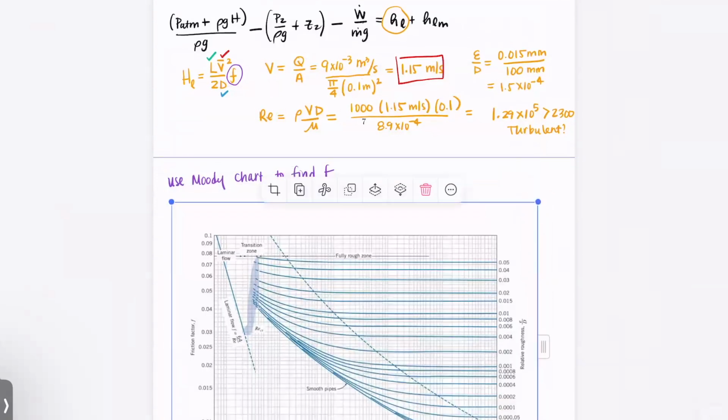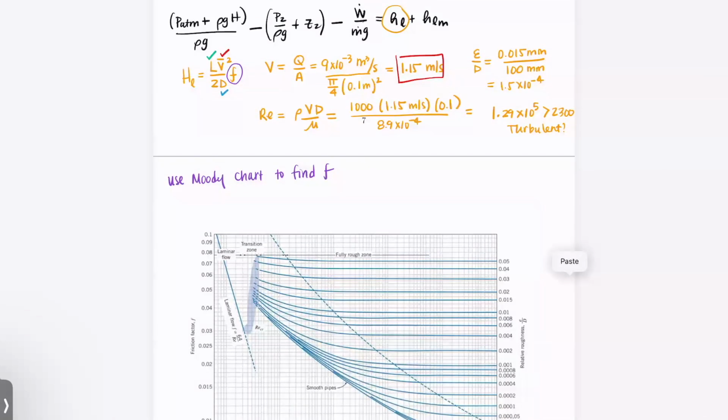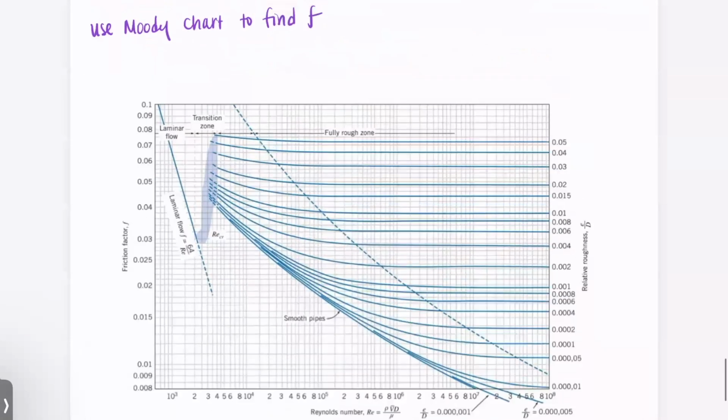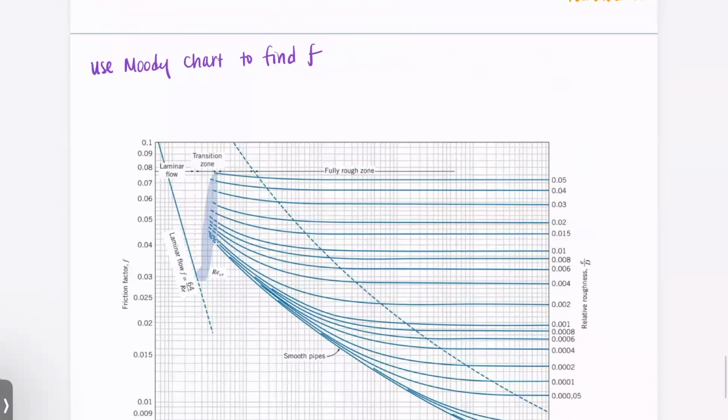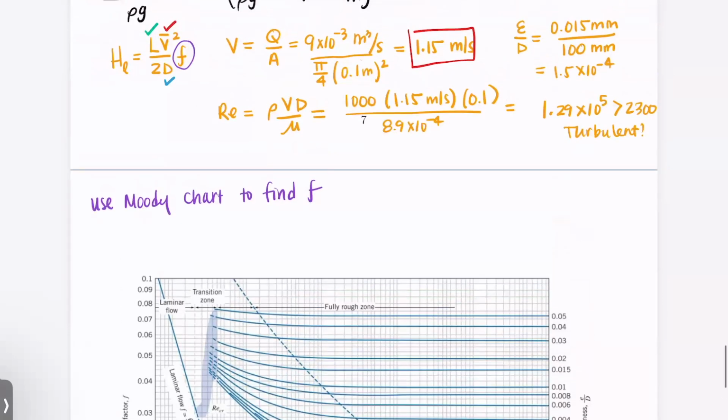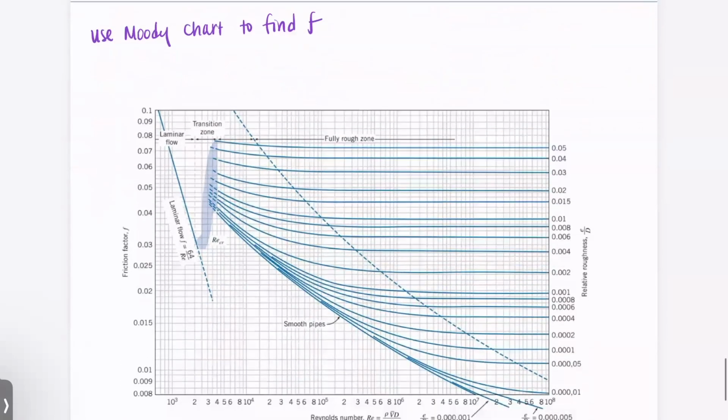Okay, so we have a relative roughness of 1.5 times 10 to the minus 4, which looks like this.